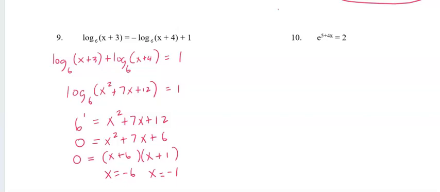So -6 creates a problem. It creates the log of a negative number, so I'm tossing -6 out. -1, however, would make the log base 6 of 2. That's fine. And then log base 6 of 3. Neither one of those are negative, obviously, so my answer is just going to be x is -1.